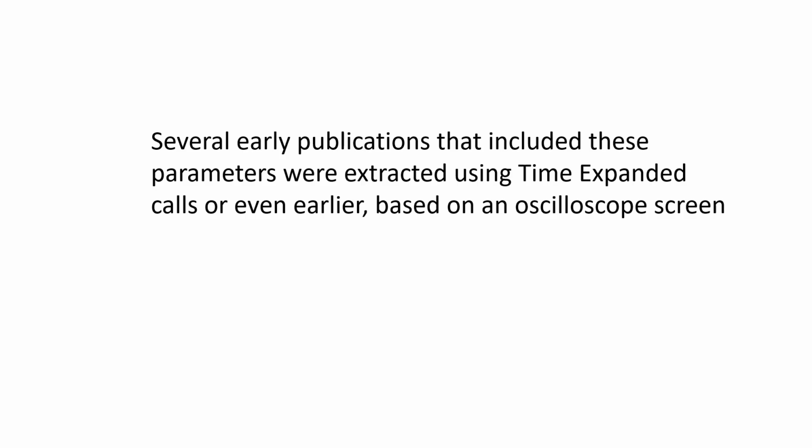A lot of the early publications that included start and end frequency parameters were extracted using time expanded data or calls. This is when calls are recorded on a tape recorder and then played back at a much slower speed to, quote, expand the time and then extract call pulses.